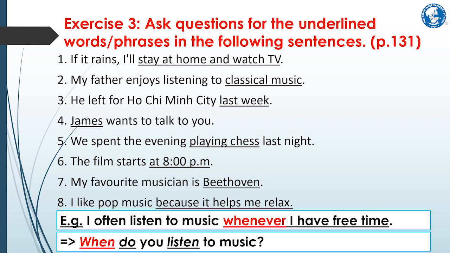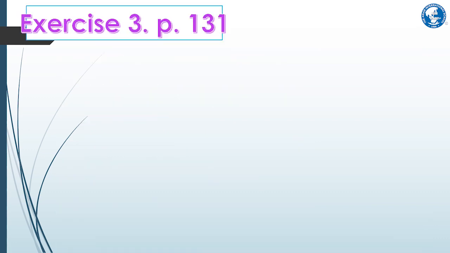When do you listen to music? Now, you have about 10 minutes to do exercise number 3. Okay, now time's up. Let's check the exercise together. Please pay attention. When posing a question, you should use an auxiliary, a subject, and a main verb.